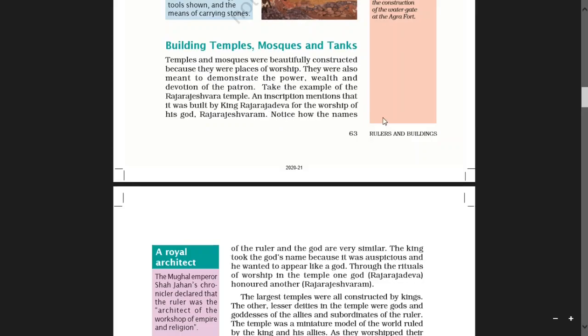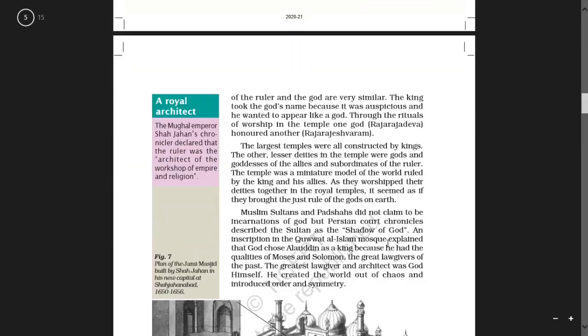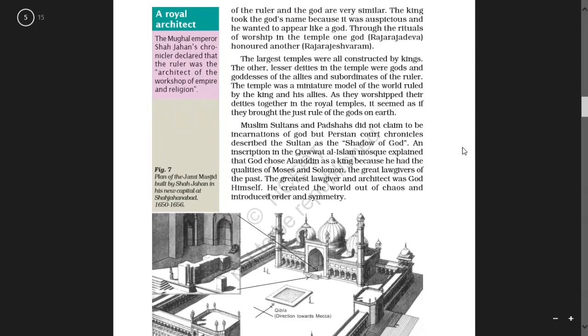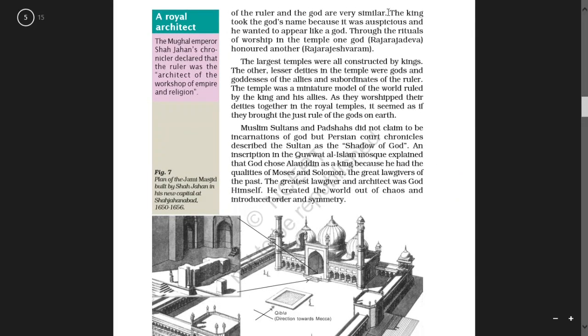Notice how the name of the ruler and the god are very similar. Boys, notice that the name of the ruler who was ruling there and the god are very similar. Raja Rajeshwaram, and the name of the king is Raja Rajadeva.